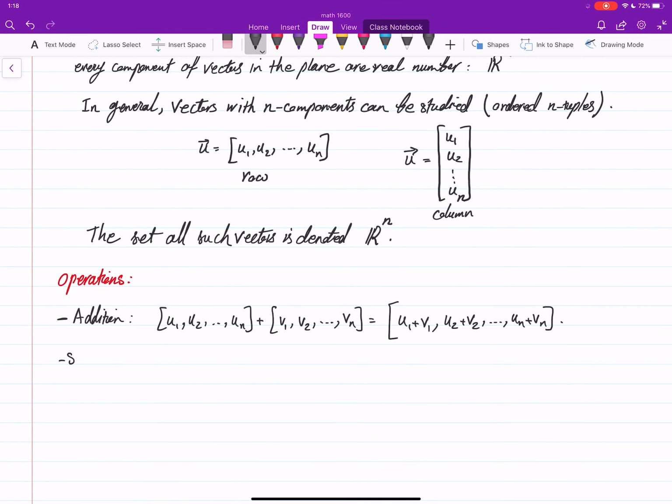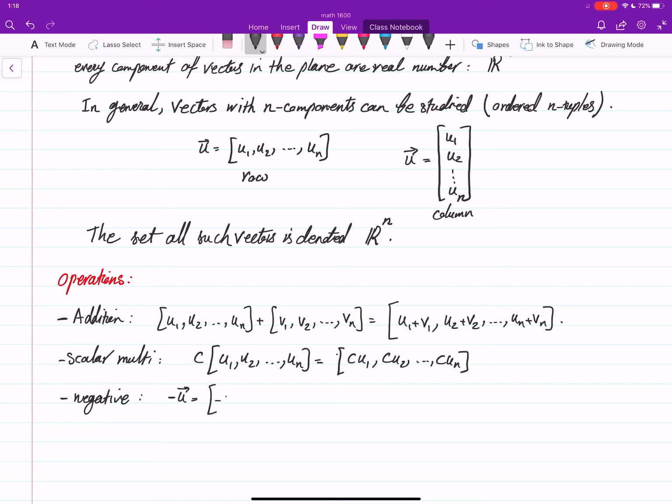Scalar multiplication: you multiply a constant to the vector u1, u2 up to un. Remember, component-wise, so it will be multiplied to all of the components. Then the negative vector: minus u, if u is u1 up to un, is negative u1, negative u2, and goes up to negative un.